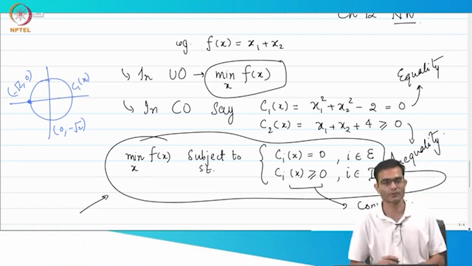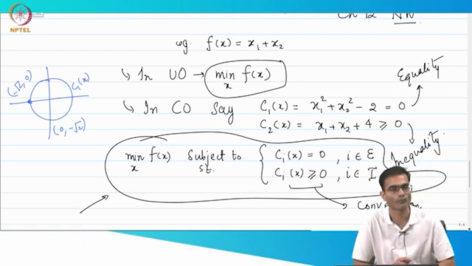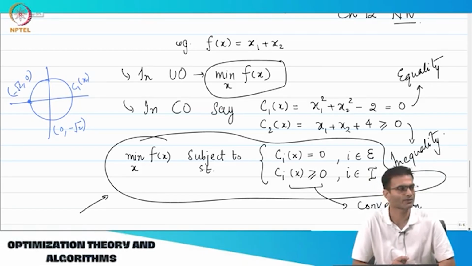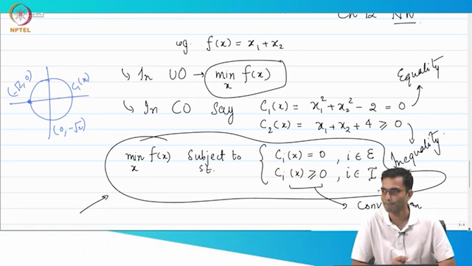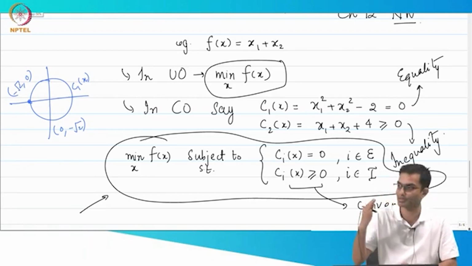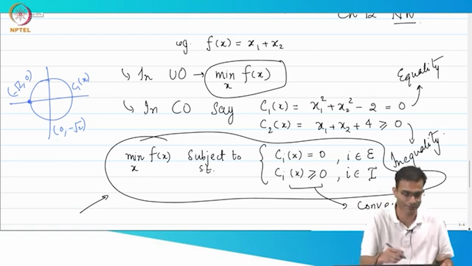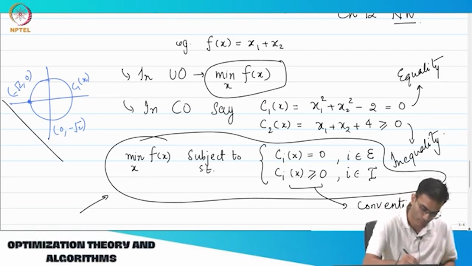Where is my C2x? What is the slope of this line C2x? Minus 1. What is the intercept? Minus 4, right. So it's in the bottom left, it's like this, right.